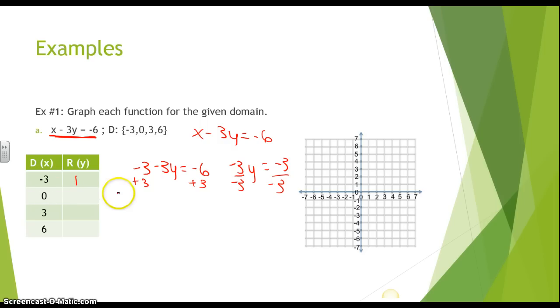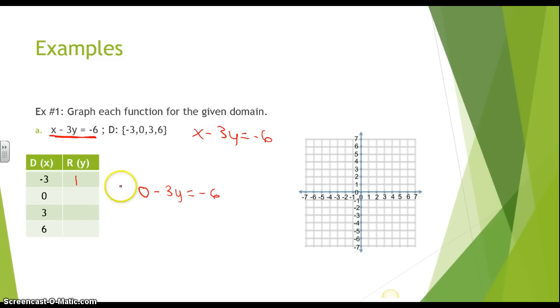Second one, x is 0. We now have 0 minus 3y equals negative 6. So remember 0, we don't subtract or add 0, so what I really have is negative 3y equals negative 6. Divide negative 3 to each side. Negative 6 divided by negative 3 is going to give me positive 2.